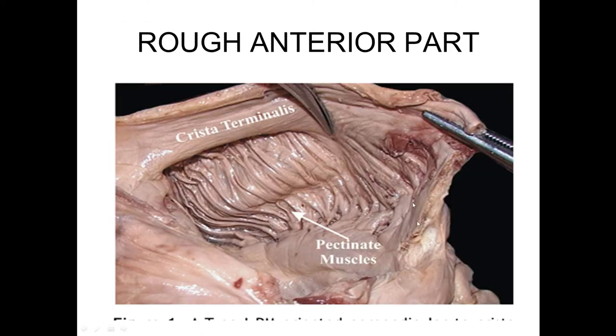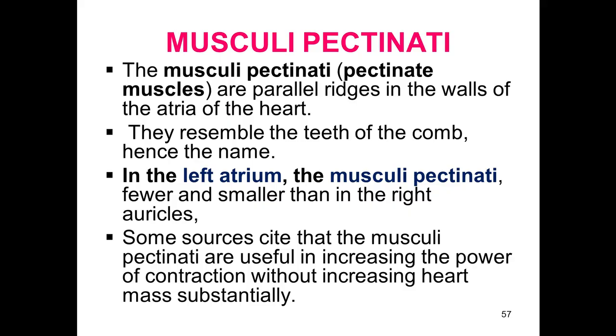Let's see the pectinate muscles and the crista terminalis. That is, we are talking about the rough anterior part of the right atrium. Now what are these musculi pectinati, or pectinate muscles? These are parallel ridges in the walls of the atria of the heart. We already discussed that they resemble the teeth of a comb, and hence the name.